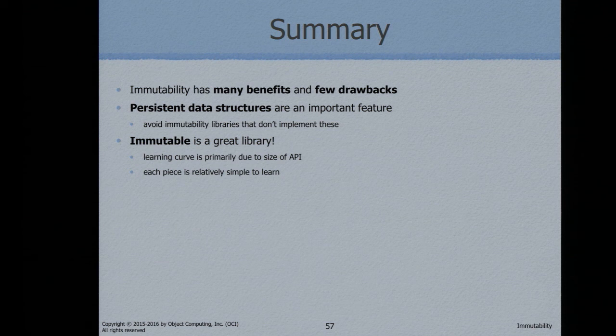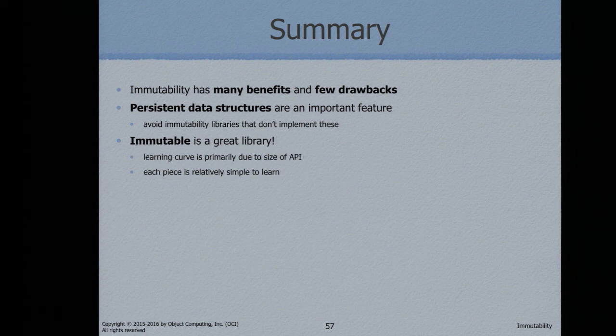Okay, so a summary of what we've talked about. Immutability has a lot of benefits. It has a few drawbacks. We talked about memory usage and performance and learning a new API, but not really bad drawbacks for most applications. Persistent data structures, I think, are a very important feature for these libraries. Lots of libraries are out there. They don't all use persistent data structures, and I think you should use one that does.